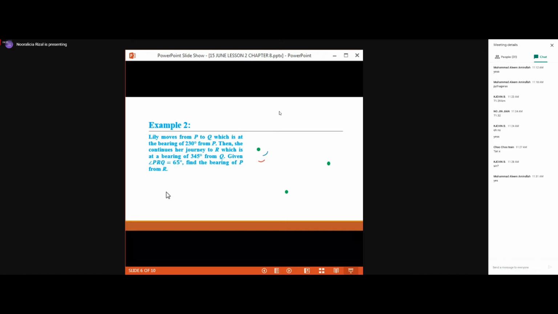So what I want you to do, I'm going to give you 2 minutes to sketch out your diagram. You copy and you sketch, so 2 minutes. If you have done within the 2 minutes, before 2 minutes, you can try to solve this. Find the bearing of P from R. Okay, 1 minute, ready?